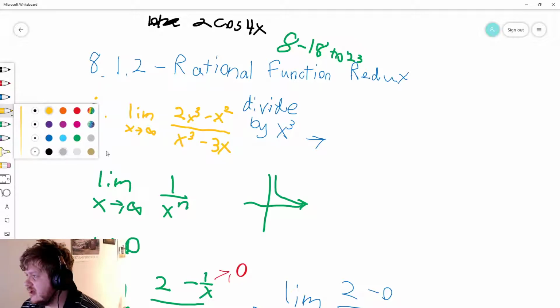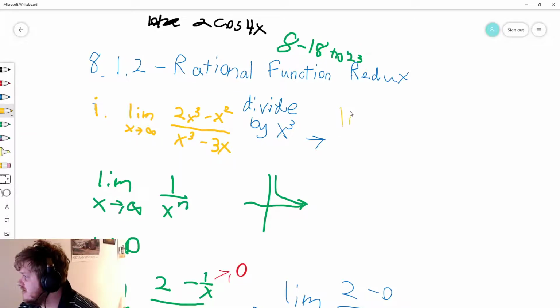And when we do that, we're going to divide each term, except for the limit itself, by x cubed.